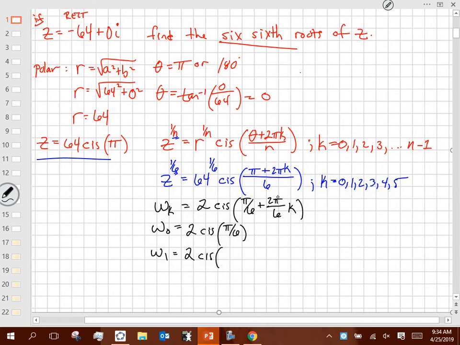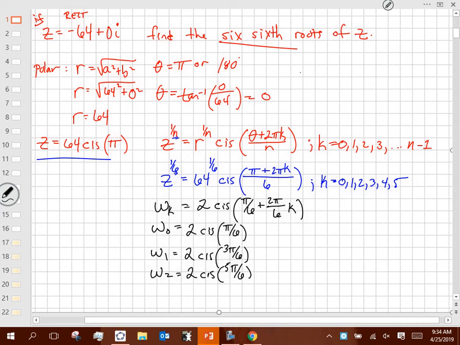This is the reason I didn't reduce this. If k is 1, this is 2 pi over 6, and then that gives me 3 pi over 6. And I'm not going to reduce that right away because of this fact here. I'm going to go k being 2. I'm now going to add pi over 6 and 4 pi over 6, right? It'd be 5 pi over 6.